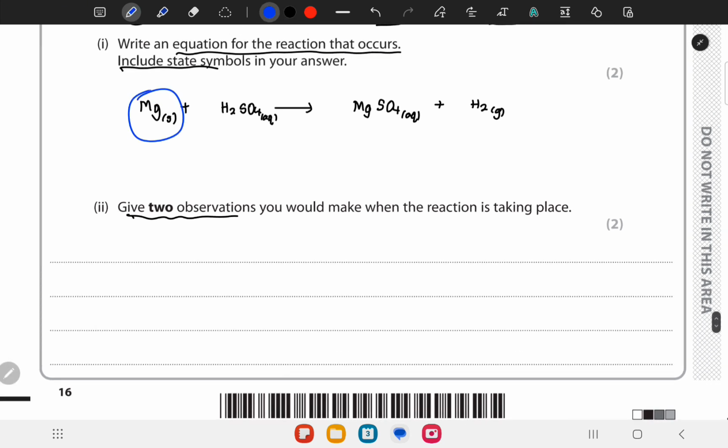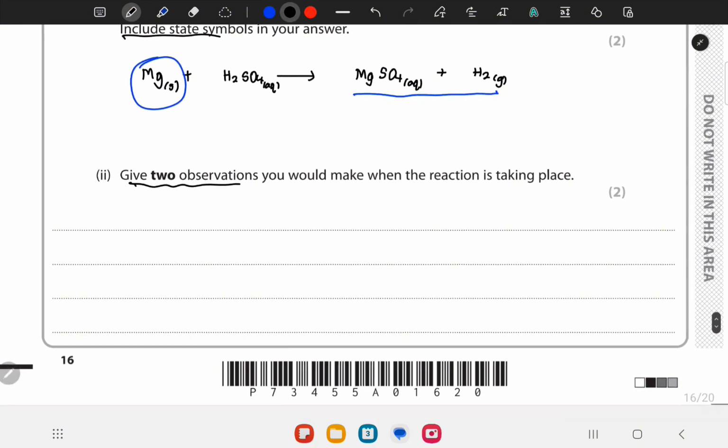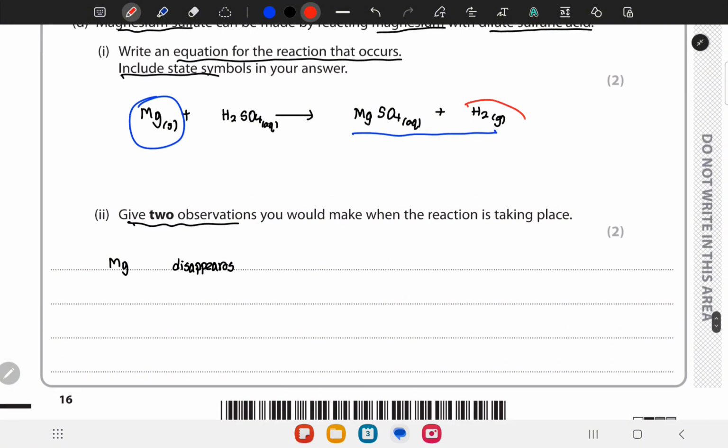We see that here we have a solid, on this side we don't, so we can write that the solid disappears. This is one of the observations. Another observation would be the bubbling or fizzing due to the hydrogen gas being formed in an aqueous solution.